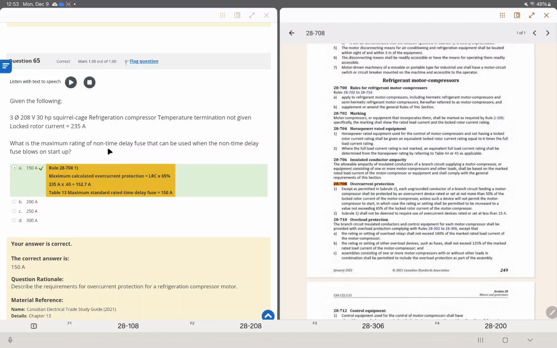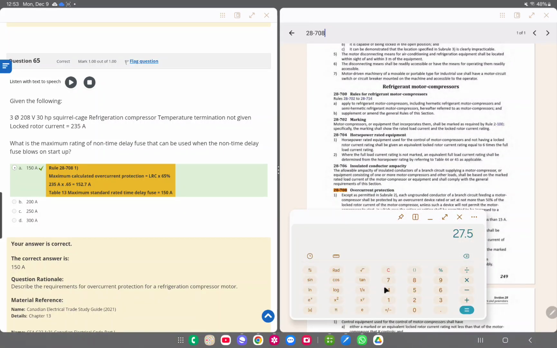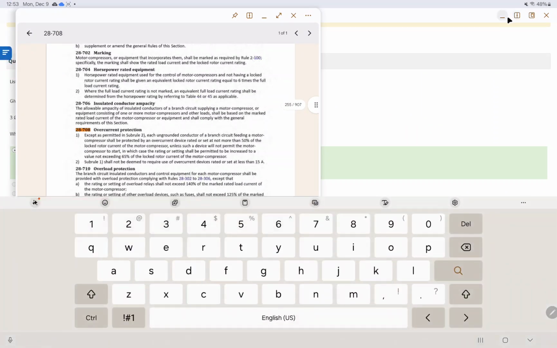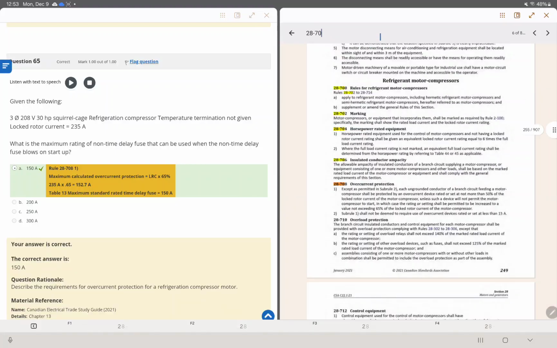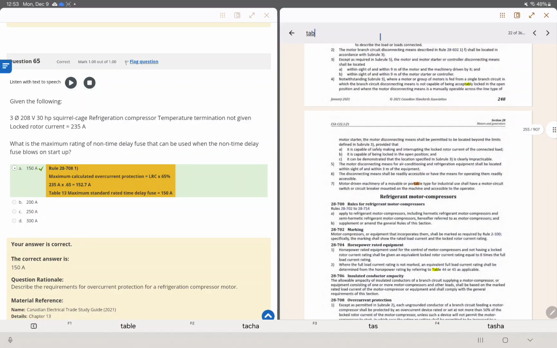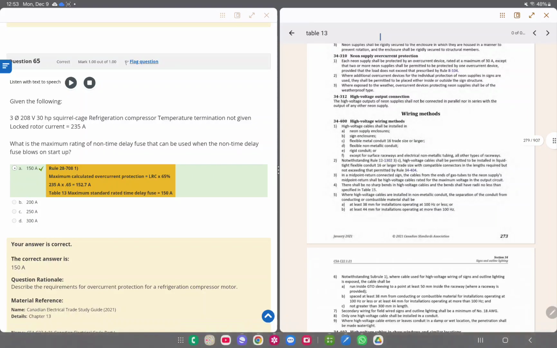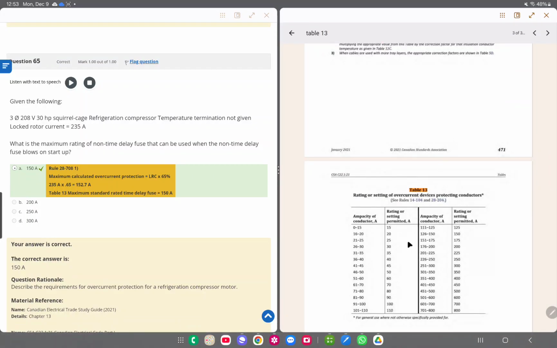So we got our locked rotor current, 235 amps, and we are multiplying that by 65%, and we're getting 152. 152 at Table 13.